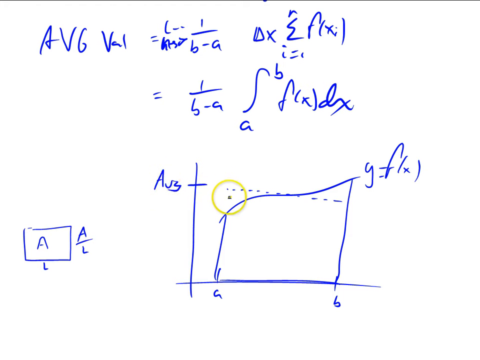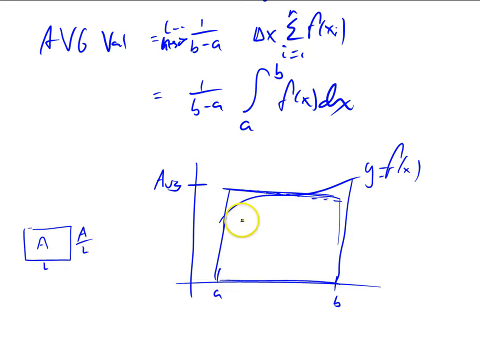If this were a rectangle with the same amount of area as underneath the curve, then the area divided by the length would be the height. So this is kind of a geometric way of thinking of what the average value is giving you.